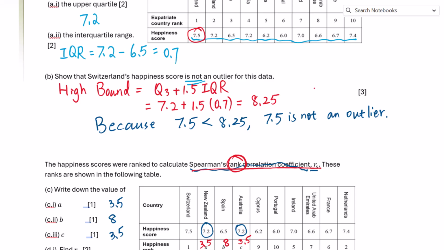We already figured out the rank for happiness score. 1, 3.5, 8, 3.5, 6, 2. We will put this rank data and this rank data into our calculator to calculate r sub s.